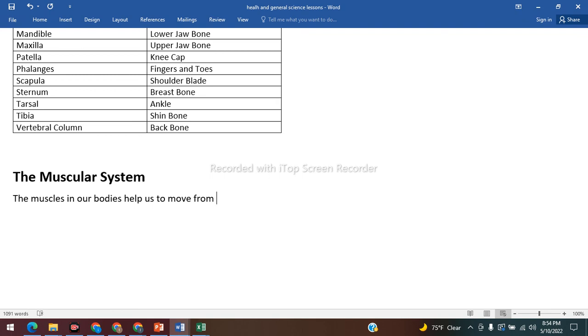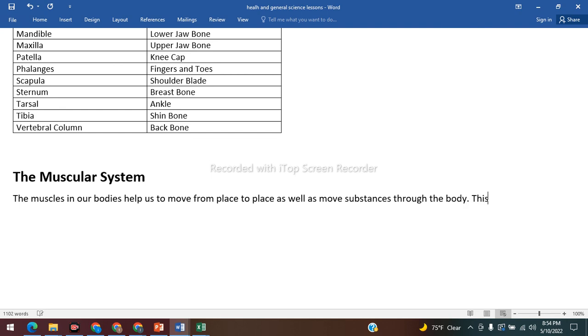Okay, so let's get into it. The muscles in our body help us to move from place to place, as well as move substances through the body.